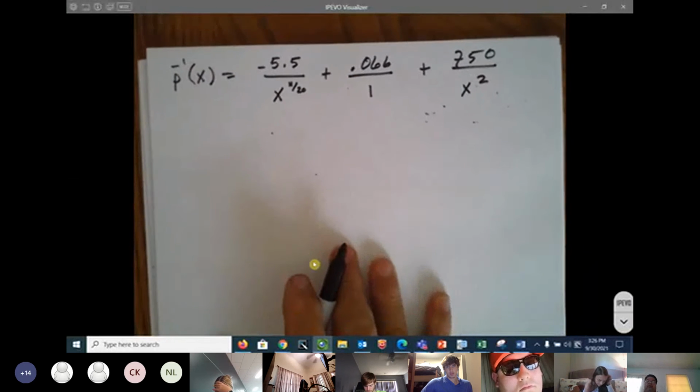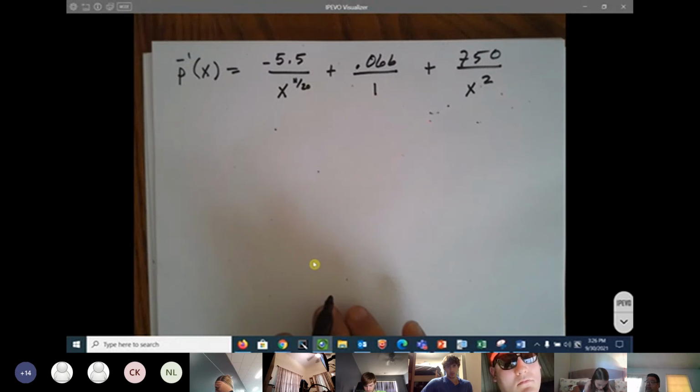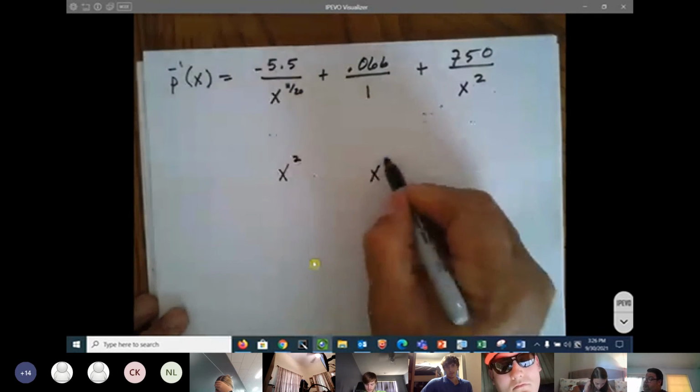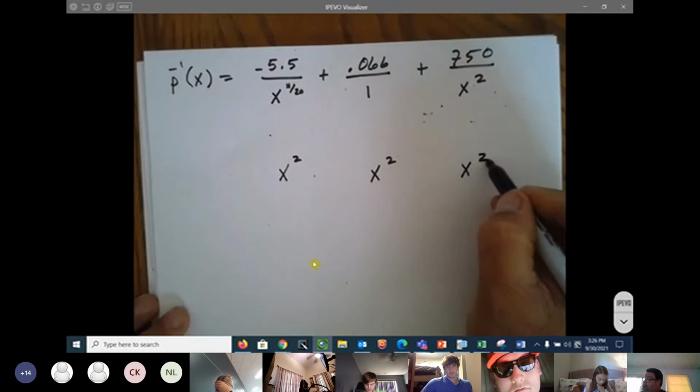Common denominator is x squared. Everybody with me? So I'm going to put an x squared here, an x squared here, and an x squared here.